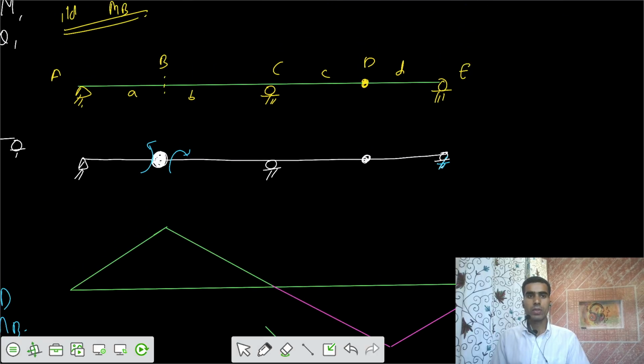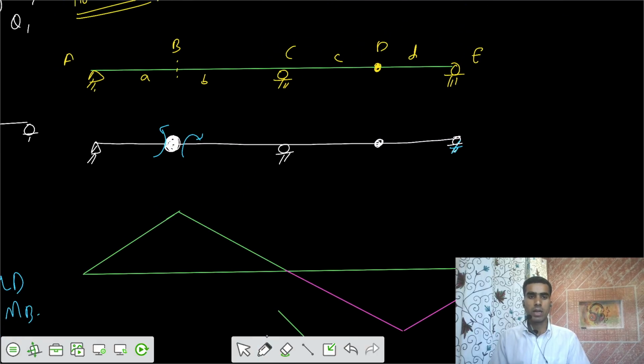You can also calculate those values. I would say this value would be equal to AB by L. Do you know that?